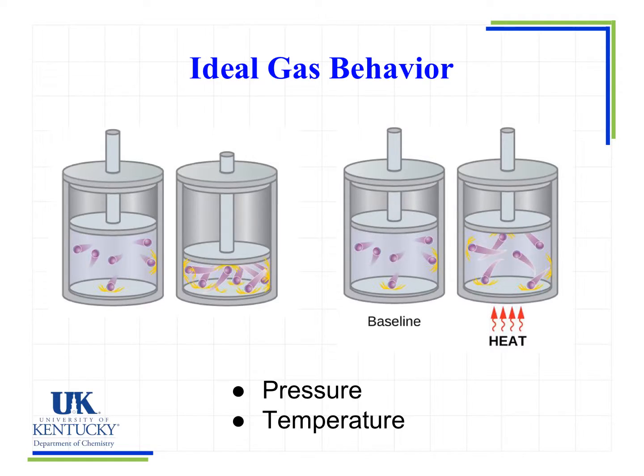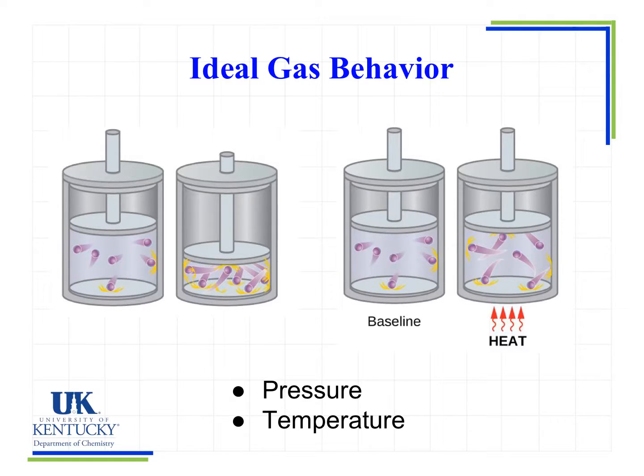So we're going to look at pressure first. When I look at the pressure of a gas sample, here we have some gas molecules in a container, and the pressure occurs when they hit the sides of the container. If I compress this and increase the pressure, I've not changed anything else about the amount of sample or the temperature, I've just increased the pressure, what I see is that now the molecules are hitting the surfaces more often, and so I have increased the pressure.